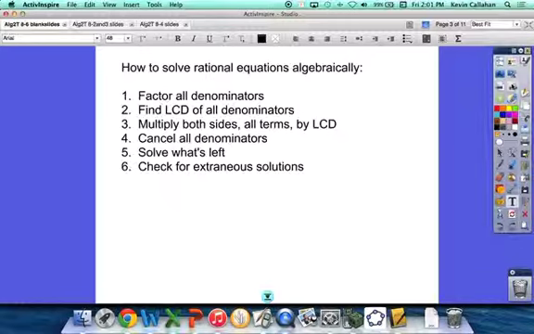Multiply both sides by that LCD, right? Now it's different because when you have an equation, as long as you do the same thing to both sides, you're okay. When you just have an expression, whatever you multiply in the numerator, you've got to do in the denominator so that overall you're multiplying times 1. With an equation, that's not the same, as long as you multiply both sides by the same thing.